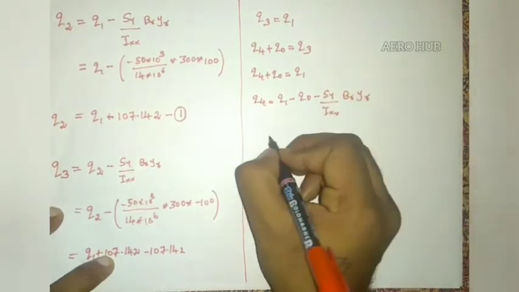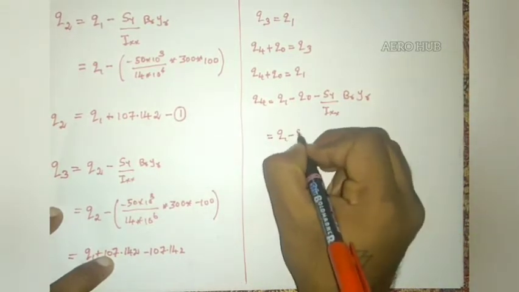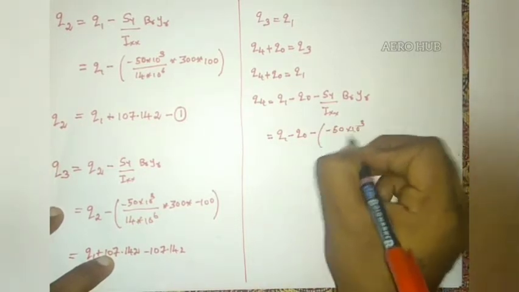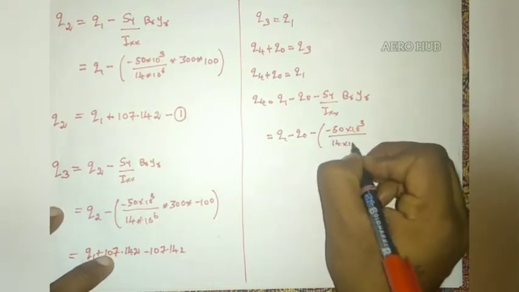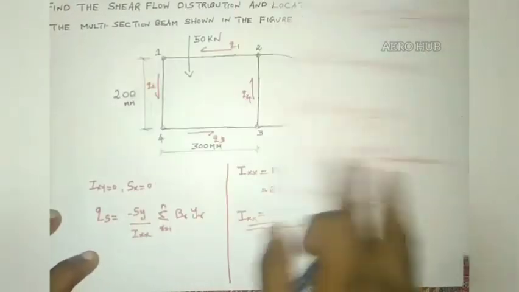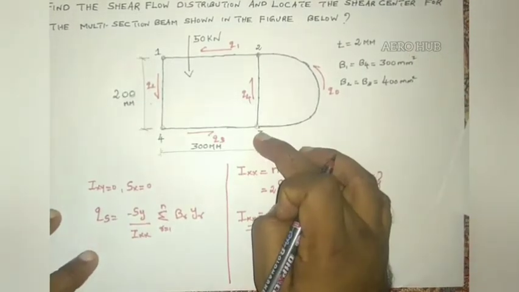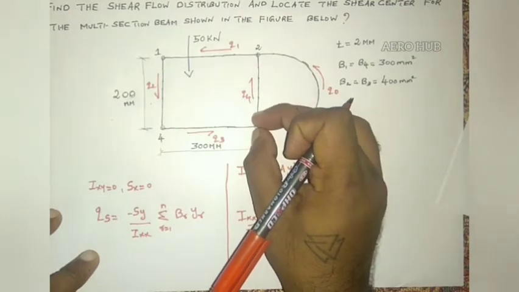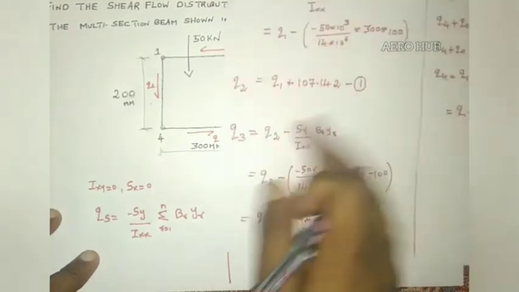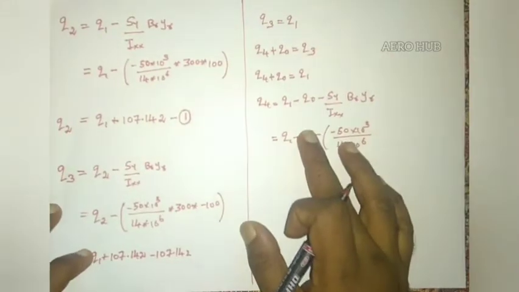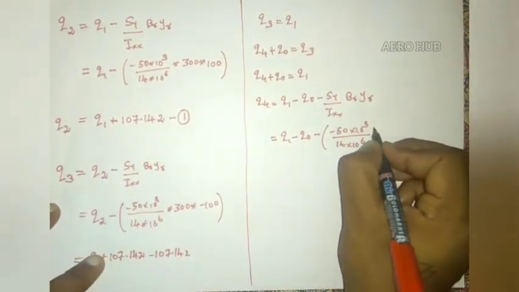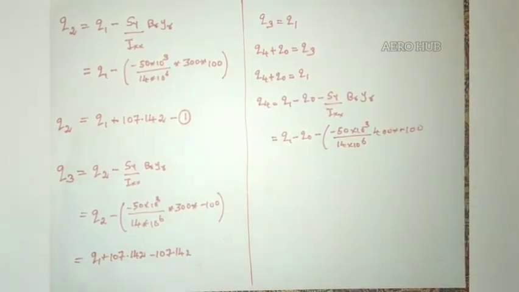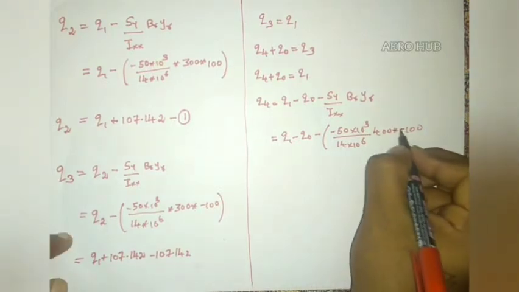This is the change in shear flow. Then Q1 minus Q0 minus of minus 50 into 10 power 3 divided by 14 into 10 power 6. The value of boom area at point 3 is 400 and the value of Y will be negative 100 because this boom area is below the neutral axis and below the neutral axis the value of Y is taken as negative. Okay, so this will be 400 into minus 100.